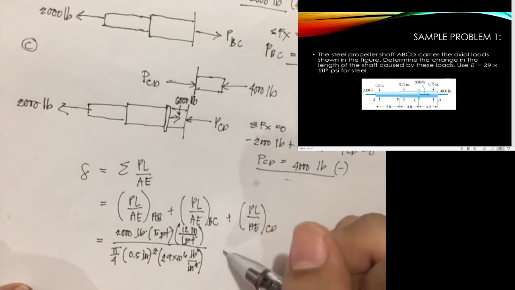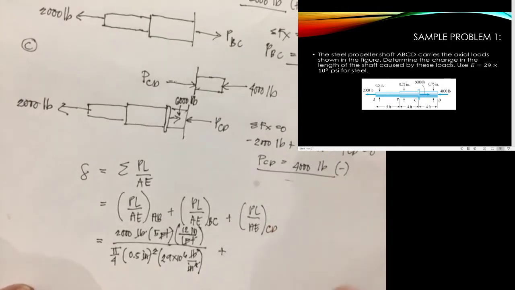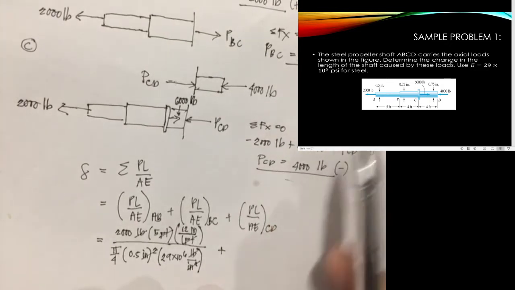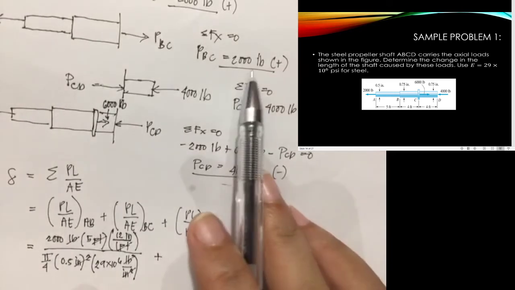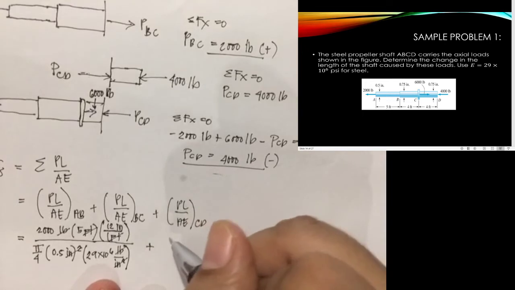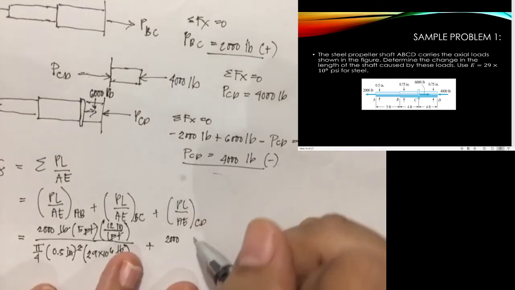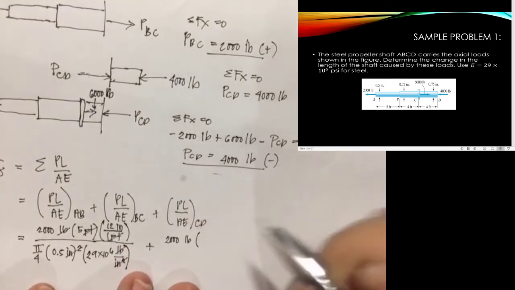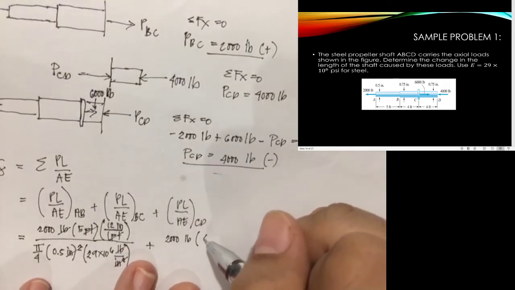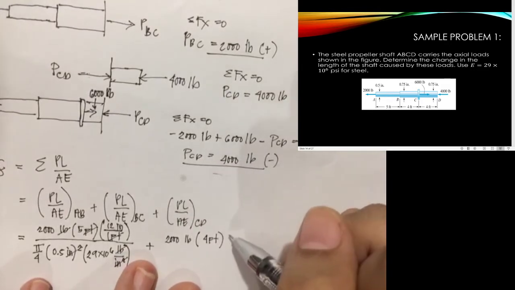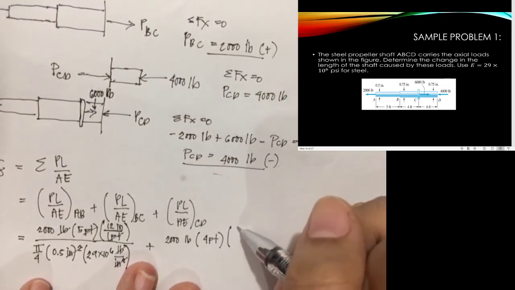Next, we have plus BC. What is your force BC? We have here this one, positive, because it is in tension. We have 2,000 pounds multiplied by your length, which is 4 feet. We convert this also, class, okay?